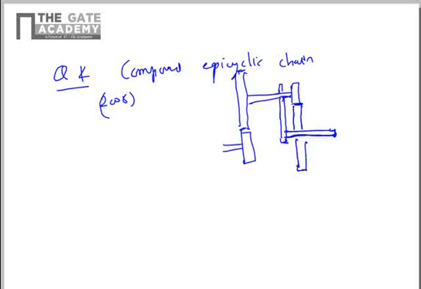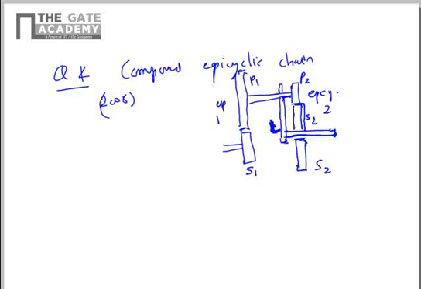In this problem you can see the special thing: this is the carrier, let's say C, or L, let's say L is the leg. This leg is common for both epicyclic chain 1 and epicyclic chain 2. In the second chain, this is P2, the planet of 2, this is the planet of 1, this is the sun of 1, and this is the sun of 2.